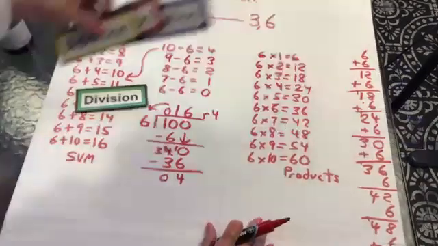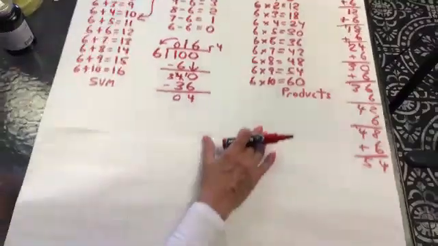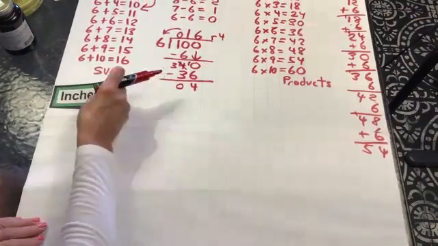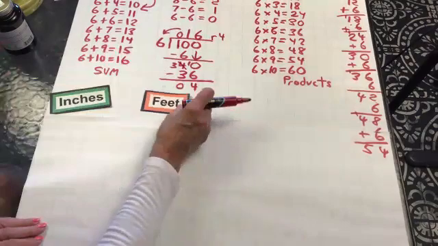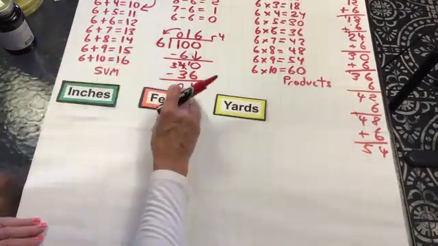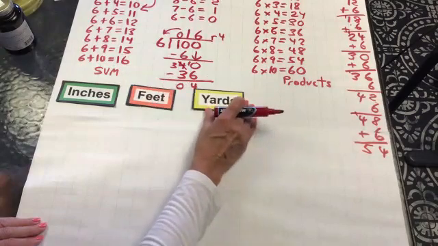So I'm going to get this cleaned up and move my paper up for our measurement. So our first measurement today is inches, feet, and yards, which we've been doing.